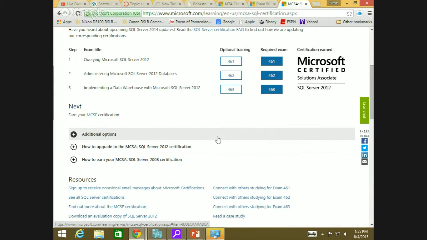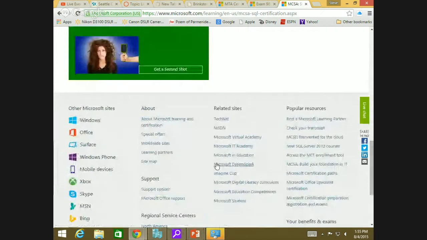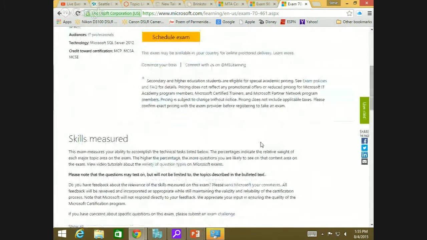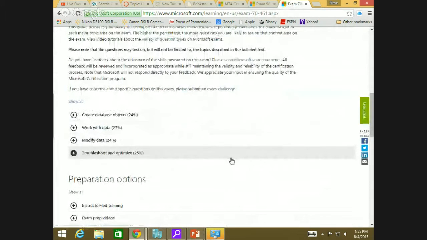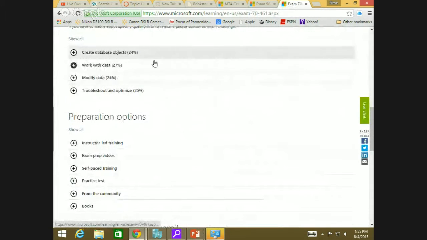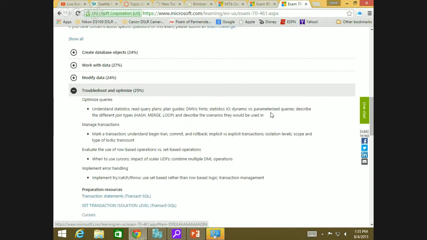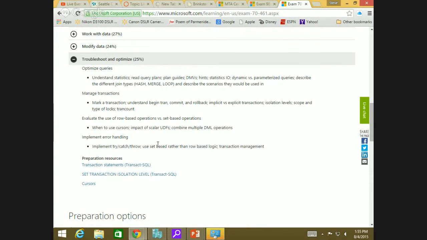I'm not sure I'll go through all of the things, but if I pick a particular exam, you could go there and it'll talk about the skills measured. Creating database objects, working with data, modifying data, troubleshoot and optimize. And if you want to go into the details, optimize queries, manage transactions, evaluate the use of row-based operations versus set-based operations, and implement error handling.